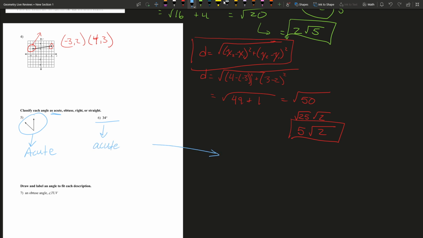Just as somewhat of a reference, right angles are always denoted like so, and their measures are equal to 90 degrees. I'm just pretending that there's some angle that we're talking about.